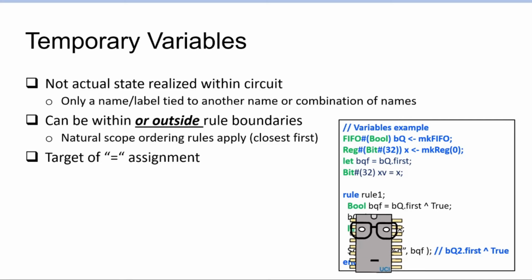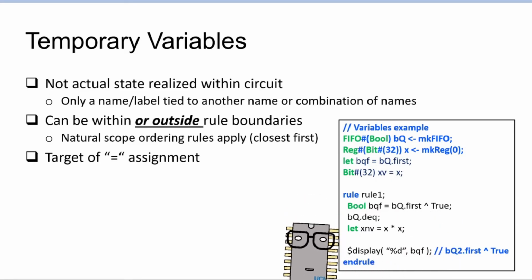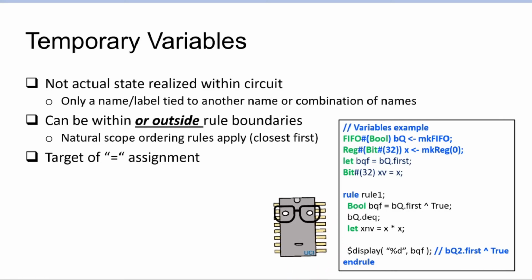If BFQ had been a register, and we gave BFQ as a parameter to the printf statement, then this would have printed out the value from the previous clock cycle, because all of these statements have access to register values from before the rule started firing. But because this is a temporary variable, it actually prints the value of the result of this statement. So there is dependency for temporary variables. There's no dependency for registers. So it's a subtle difference.